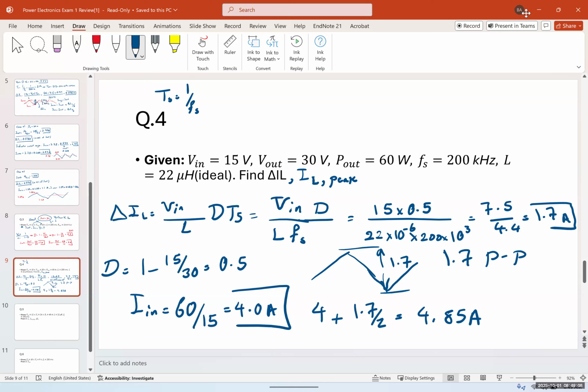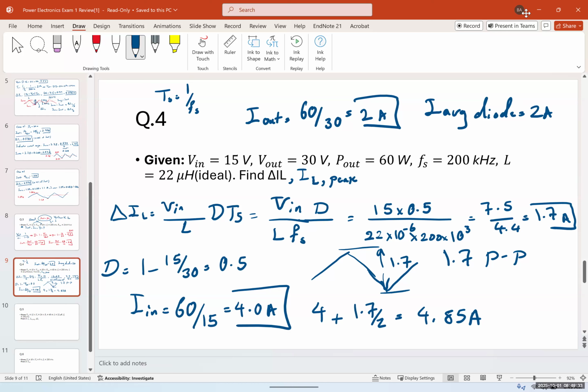Now, the output current, if you want to find the diode current, is going to be 60 divided by the output voltage 30 gives us 2 amps. So the average current of the diode is 2 amps.